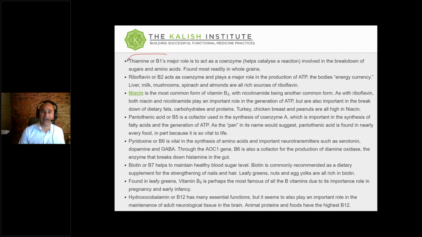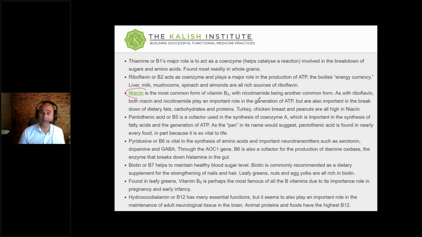So for example here, thiamine or B1's major role is to act as a coenzyme involved in the breakdown of sugars and amino acids, right? B2 acts as a coenzyme and plays a major role in the production of ATP, the body's energy currency, okay? And that also involves a lot of amino acids involved in the production of ATP. We can look at that later if we have time.